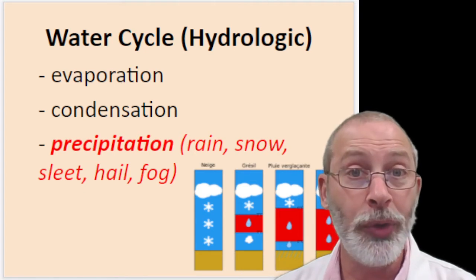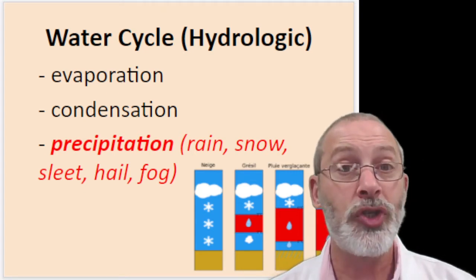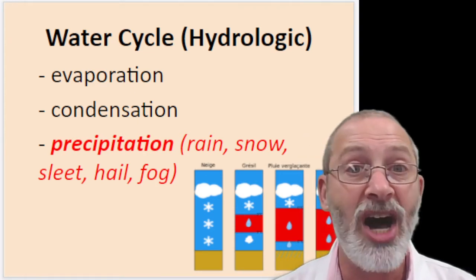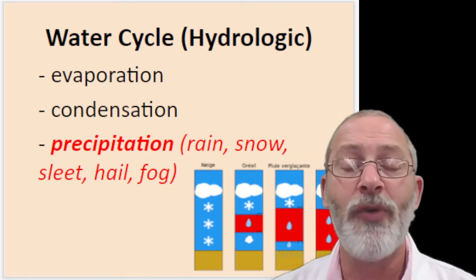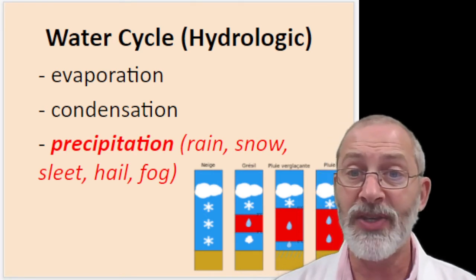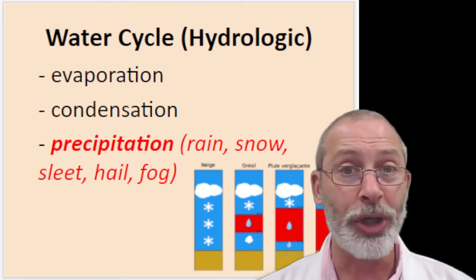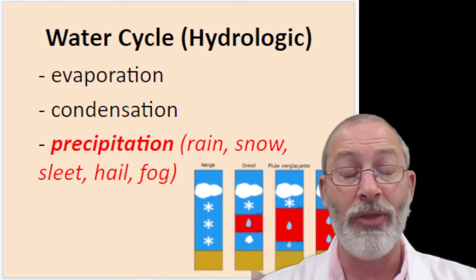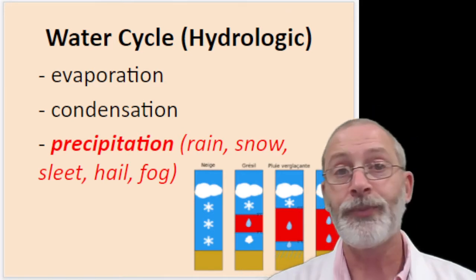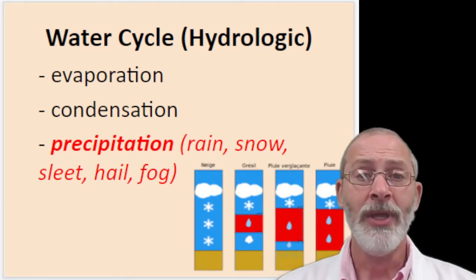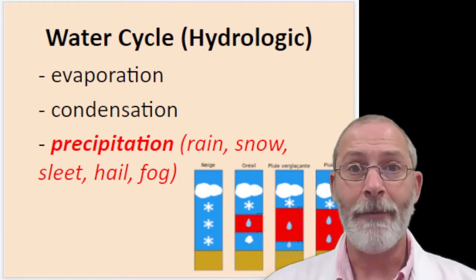Precipitation can include rain, snow, sleet, hail, fog. All of these are forms of precipitation. And again, the temperature of the atmosphere through which the precipitation is falling will determine whether it's going to be rain or snow, or sleet or hail.